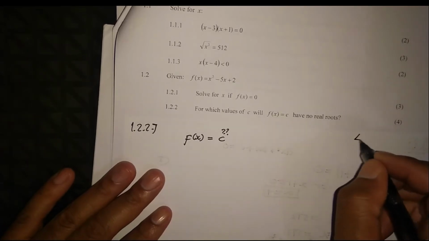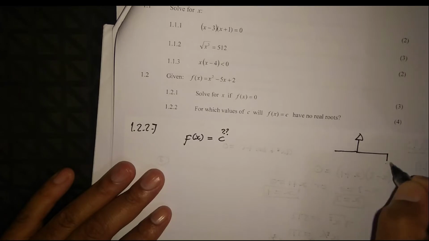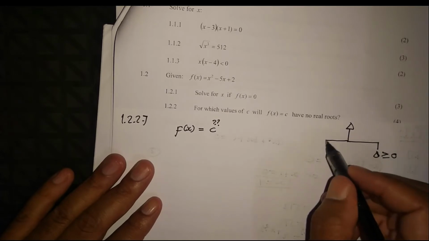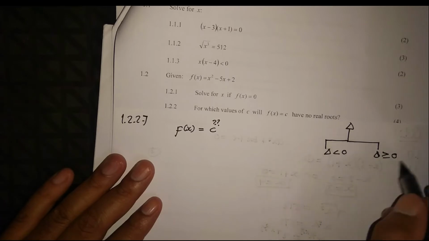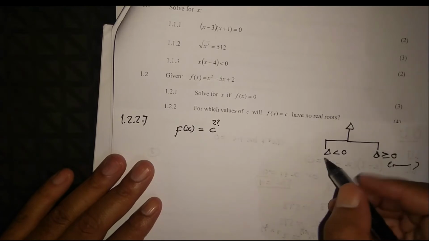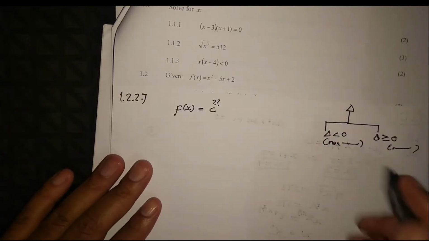You know that the discriminant can give us a value that's greater than or equal to 0, or a value that's less than 0. Here we have real roots, or real equal roots, and here we have non-real roots.